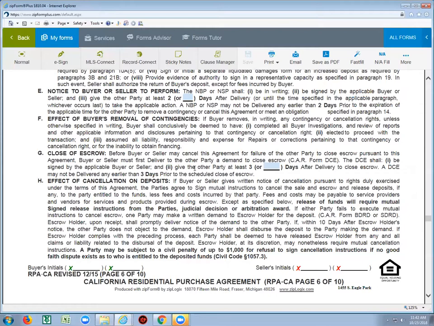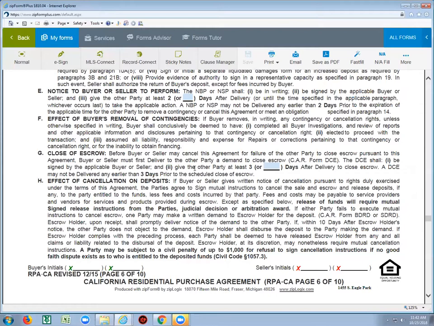So even with counter offers, I know some listing agents counter, say, remove the inspection contingency within 7 days. Okay, fine. Can we serve the NBP? Which day? Just for the inspection contingency. 5th day, because you just superseded the 17th day. You took the inspection contingency out from 17 days and shortened it to 7 days.